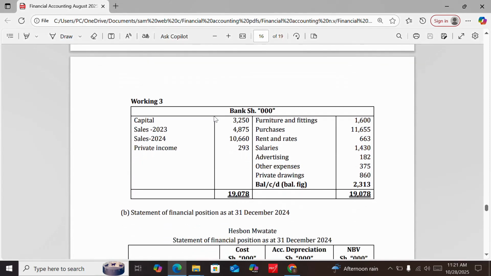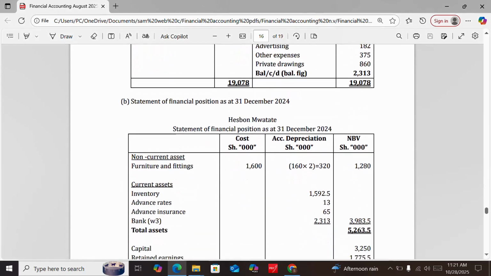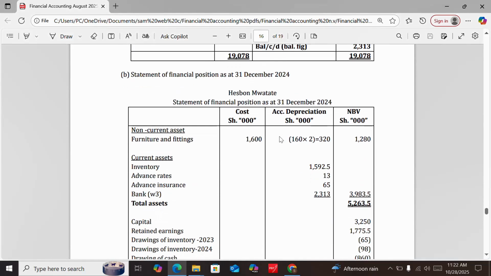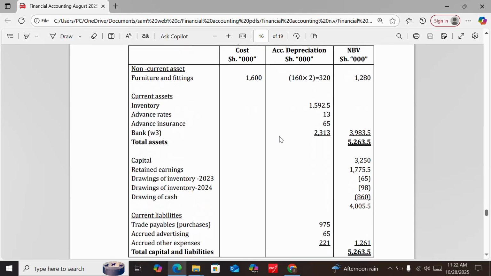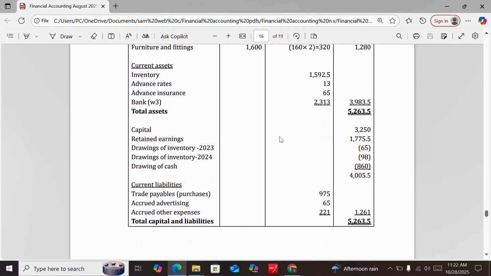Then we have working 3, the bank account. And then from there we have the statement of financial position.